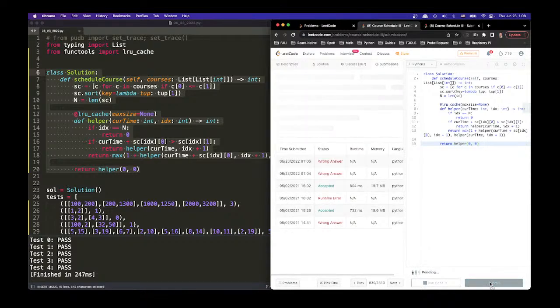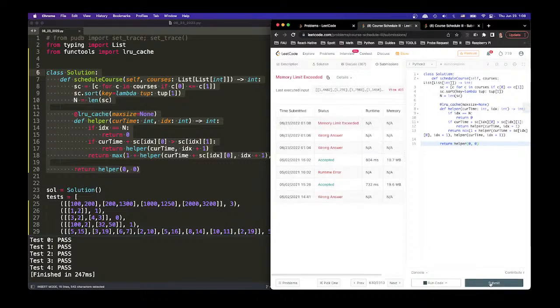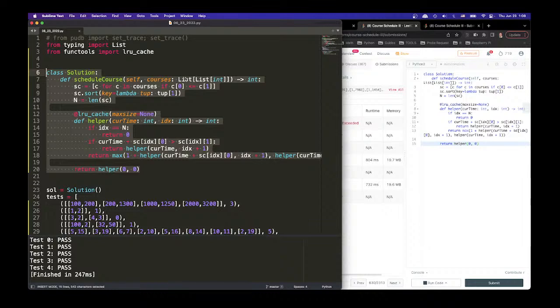Try it again. Memory exceeded. Okay. So this is correct, but memory exceeded. Okay, let's try our own memoization then.